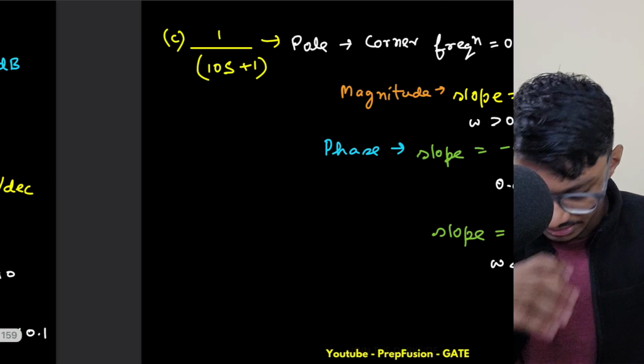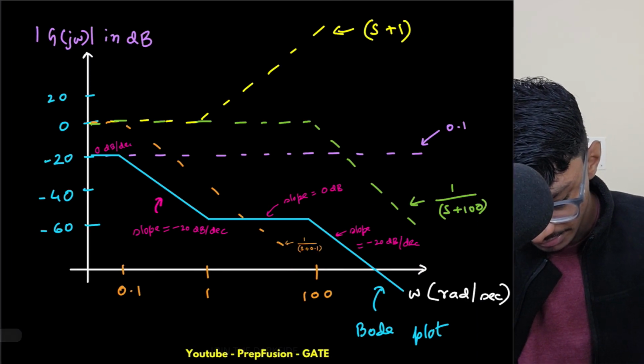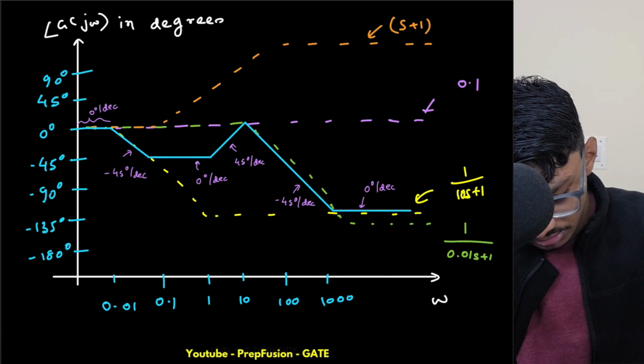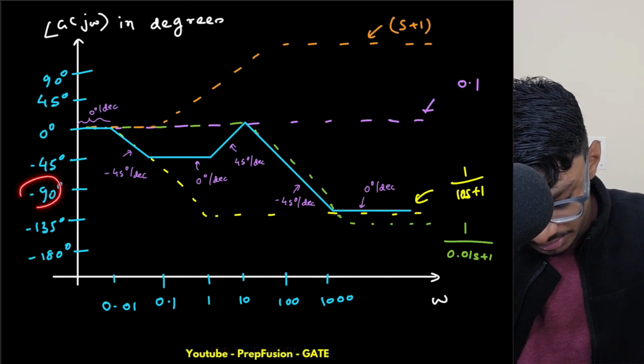So it will end at minus 90. According to this, it should end here, not here.